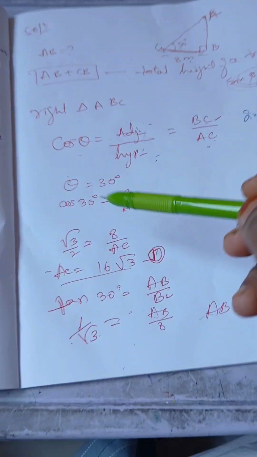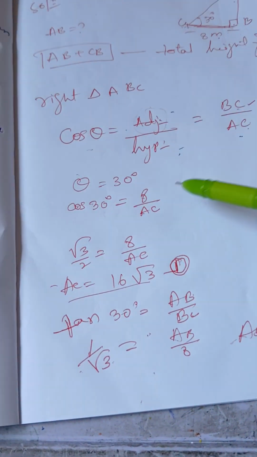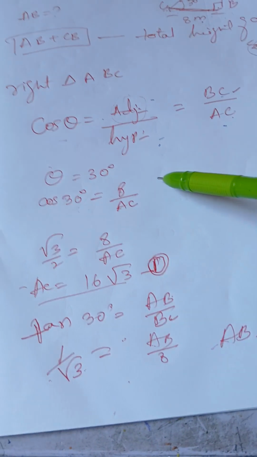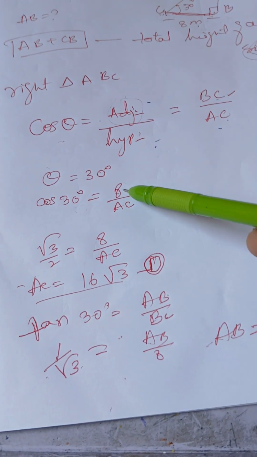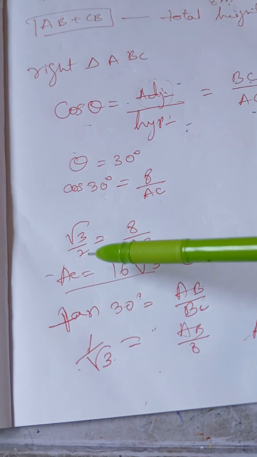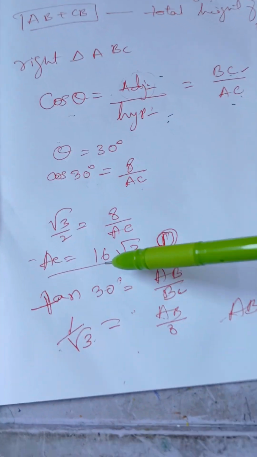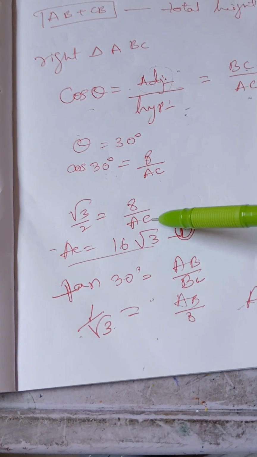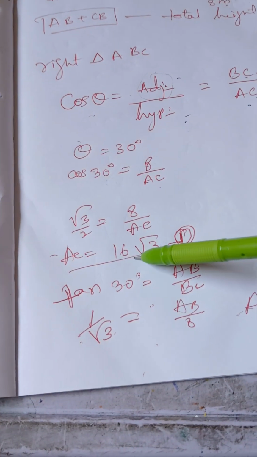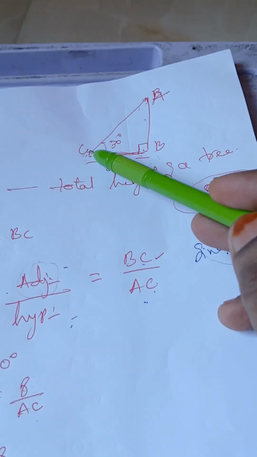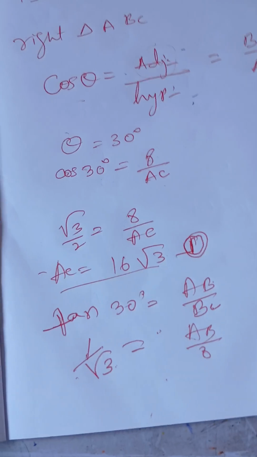When we substitute the values, cos 30 is root 3 by 2, and adjacent is 8 by AC. So we get AC equals 16 root 3 meters. This is the length of the broken part.